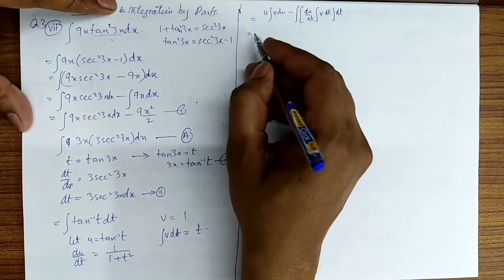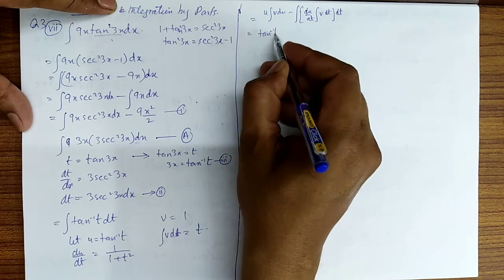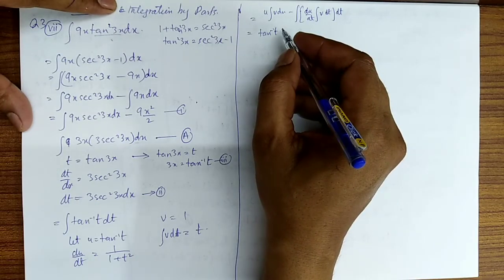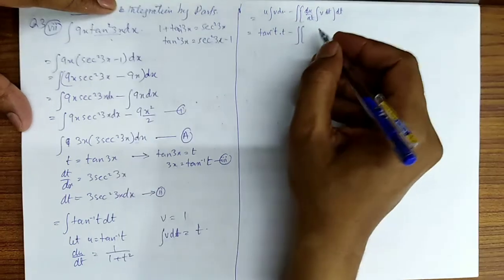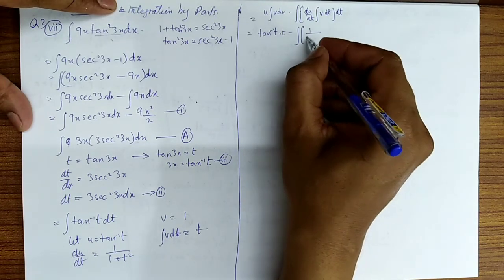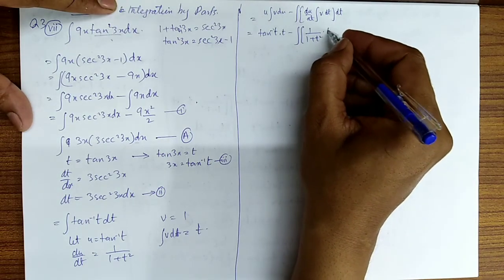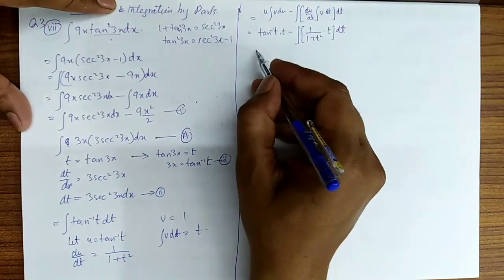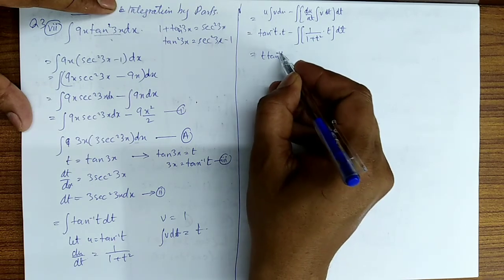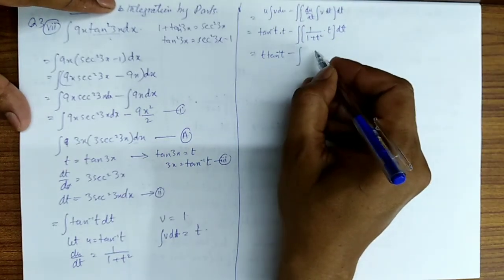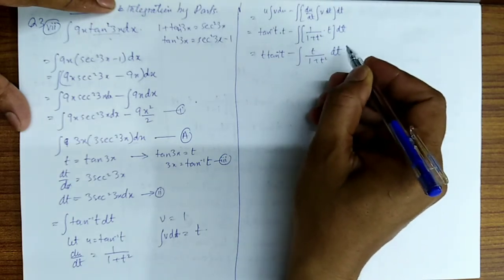So by putting the values in this formula, what's the value of u? That is tan inverse of t into integral of v, that is t, minus integral of du upon dt, that is 1 upon 1 plus t square, into integral of v, that is t, d of t. So these are the values we have substituted: t tan inverse of t minus integral of t upon 1 plus t square dt, right?